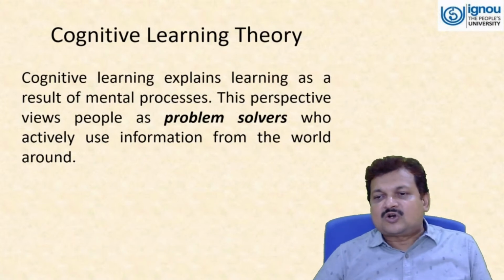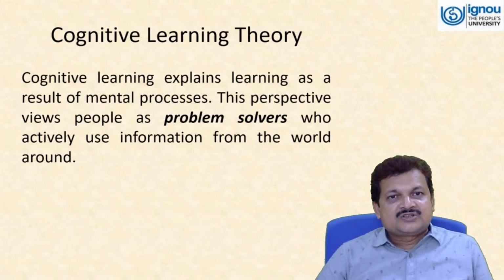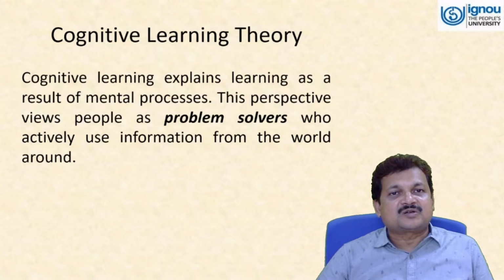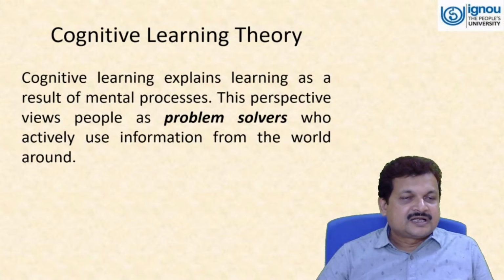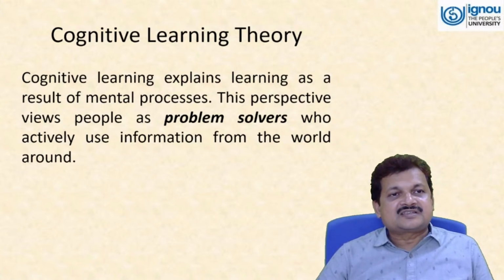Now we are going through the cognitive theory. We discussed earlier that Wolfgang Kohler developed this cognitive theory. It is all about problem solving, and he experimented with a chimpanzee.